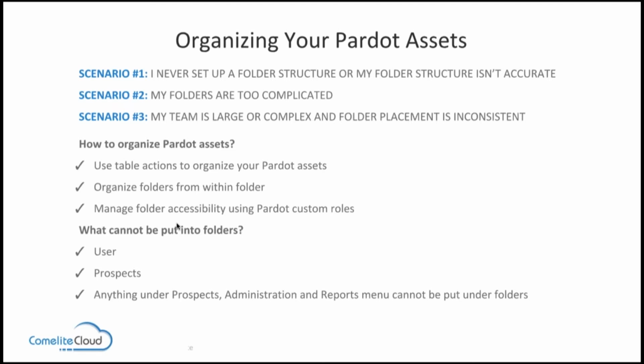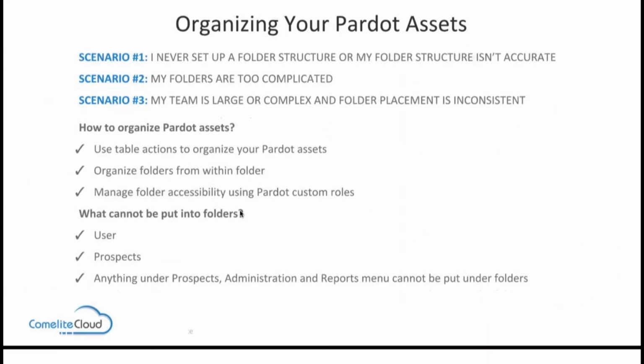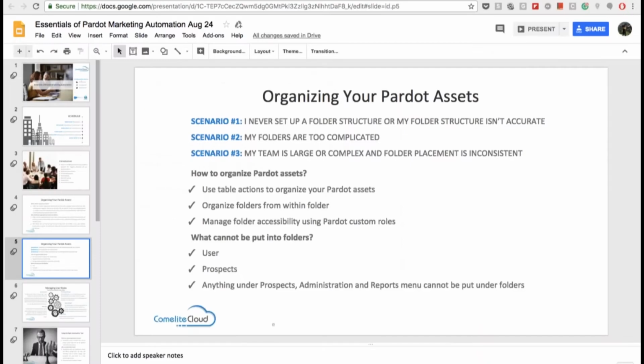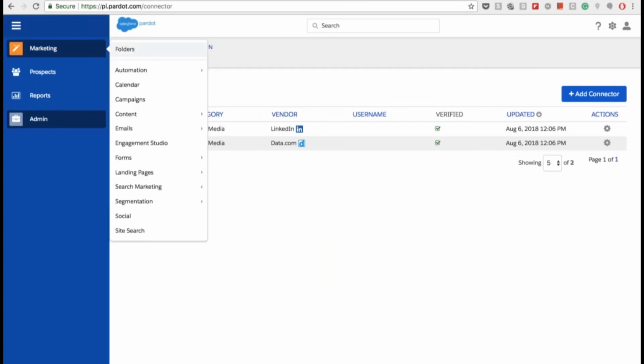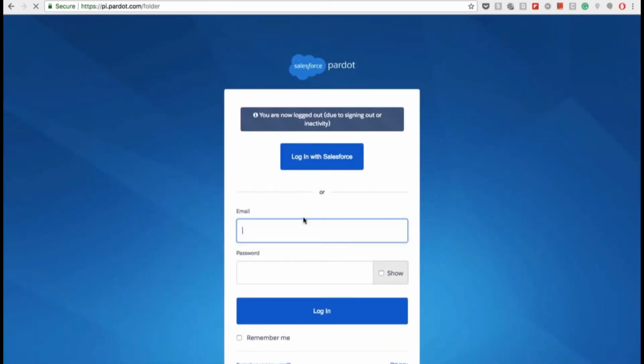If we have not created the folder structures, then giving the two teams separate access will not be possible. So we will have to create the folders, organize our content into those folders, and then assign the permissions to those folders to the respective salesperson or the team working on them. And how can we do that?